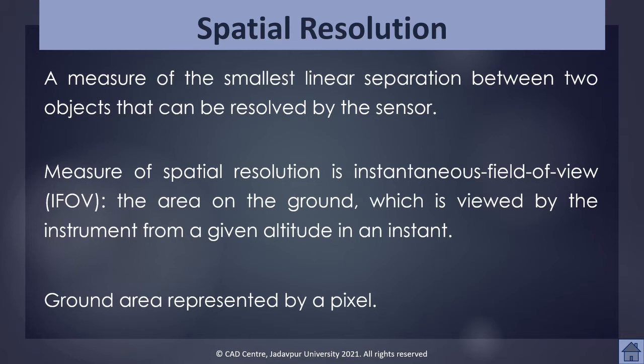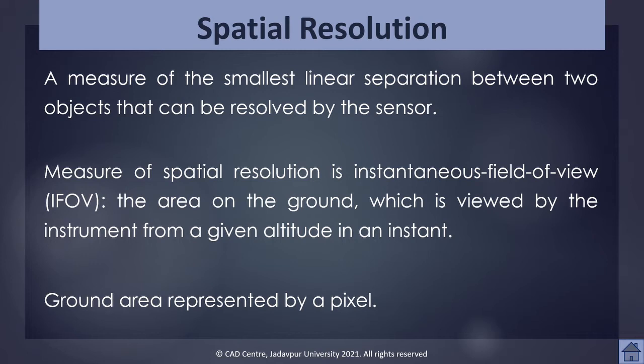The detail that we can obtain in an image is dependent on the spatial resolution of the sensor, which refers to the size of the smallest possible feature that can be detected. Spatial resolution of passive sensors depends primarily on their instantaneous field of view, or IFOV.